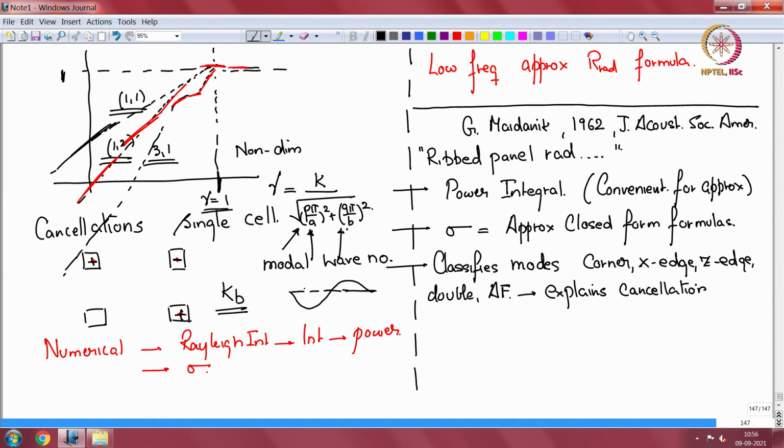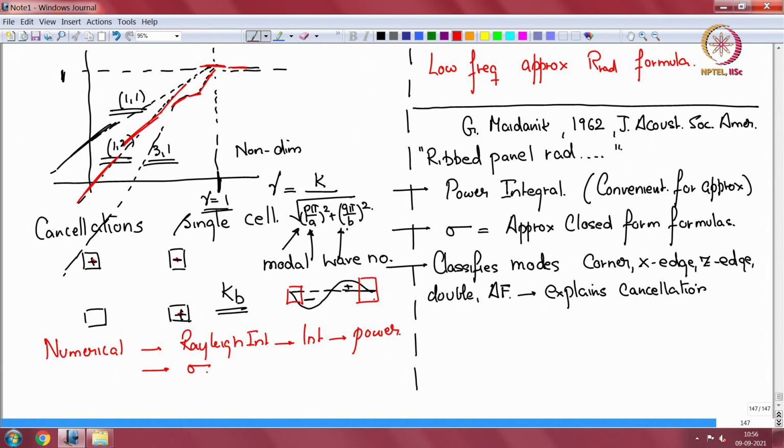P equal to 2 is even, it looks like this. So it's negative on one side, positive on the other side. So if you look at cancellations, at the edge you will have one sign for the right side, one sign for the left side. So you could have opposite signs.